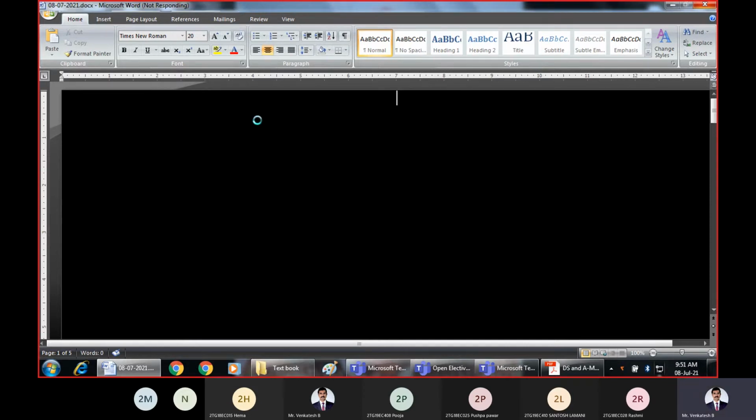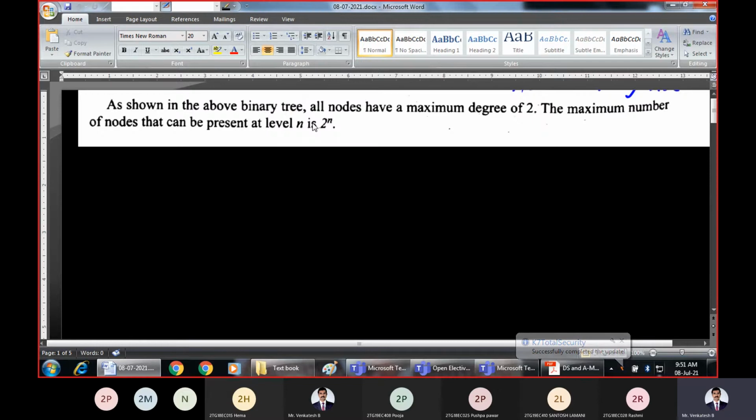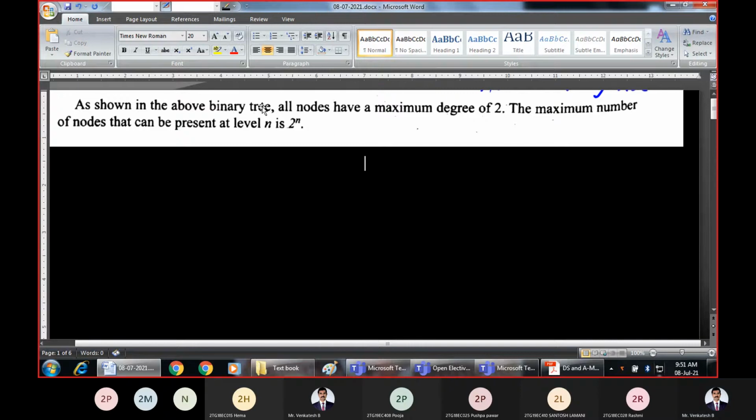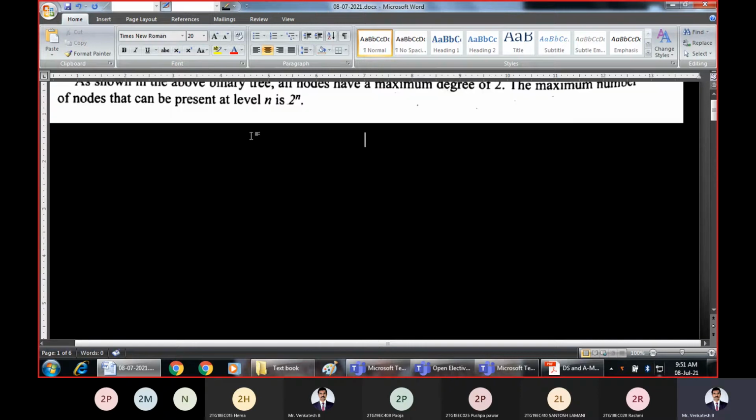Actually, it is one lemma, or what you call a theorem. The maximum number of nodes at any given level of a tree can be 2 raised to n, corresponding to the level. That is the equation.